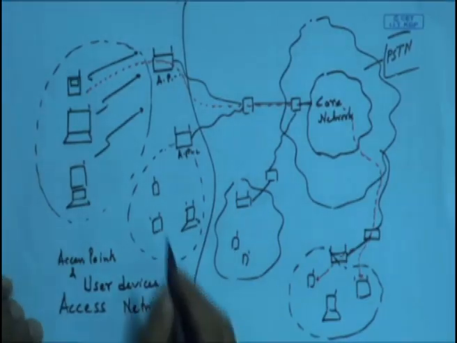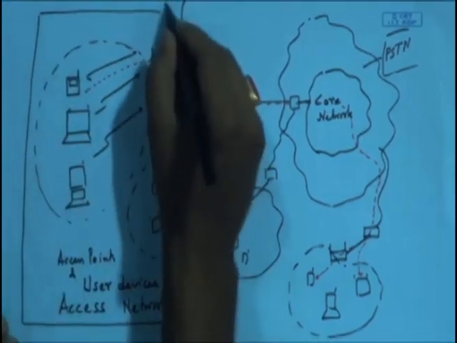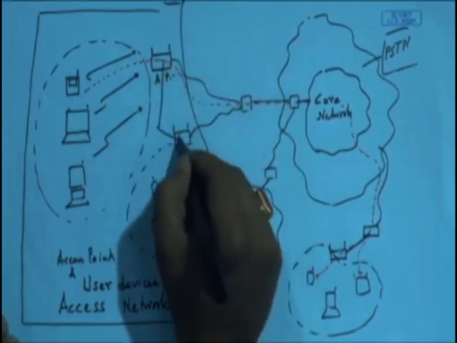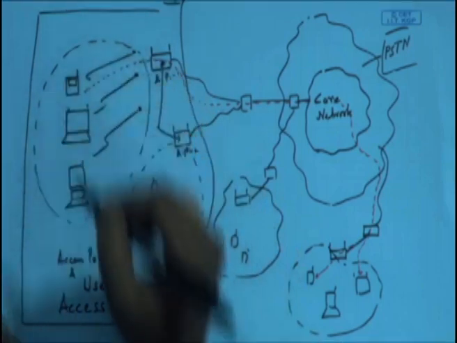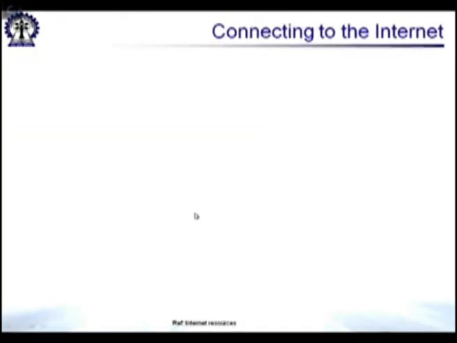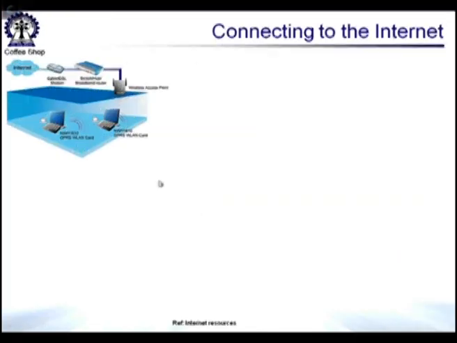Most of our studies will be concentrated in this part of the network, where a group of access points, two or more, connect to a large number of user devices. Typical examples would be one as shown in this slide, where we have access to the internet through Wi-Fi.